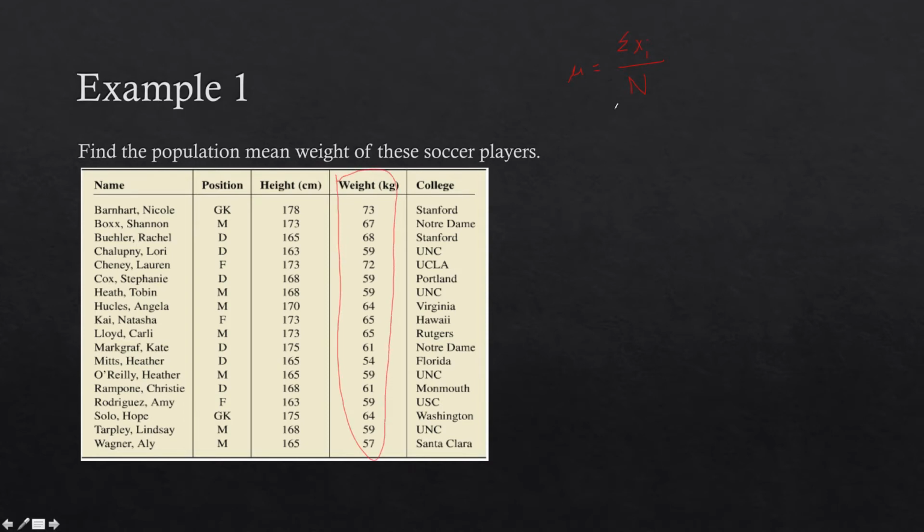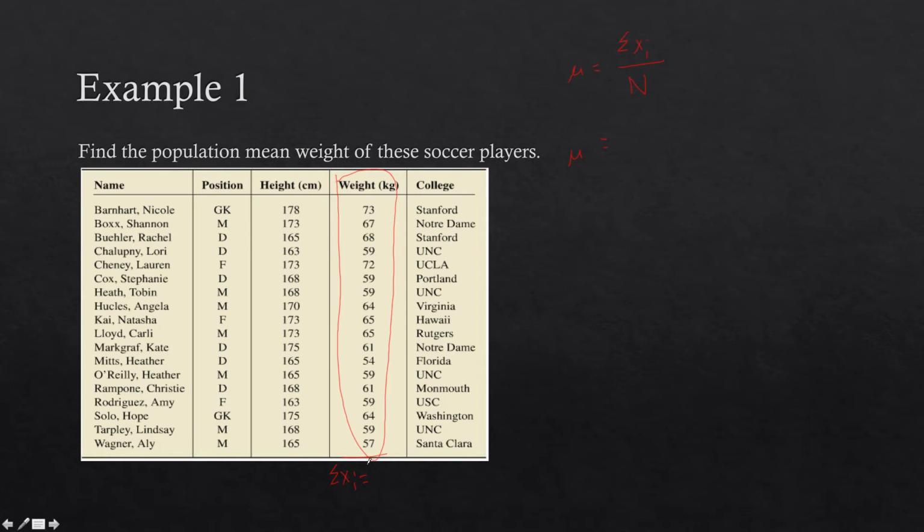Basically what it's asking me to do is find the population mean. So in other words, find the sum of this. What's the sum of all these values?